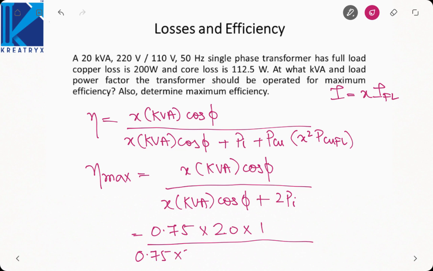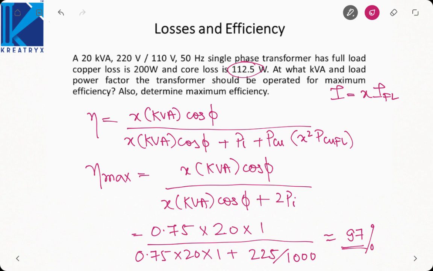So 0.75 into 20 into 1 plus 2 times the iron loss, that is 225, but we will divide it by 1000 because we are taking kVA. So this will approximately come out to be 97%. That is the maximum efficiency, and always remember, a transformer is a kind of machine which always operates at a very high efficiency. So such kinds of problems can be framed from transformers.